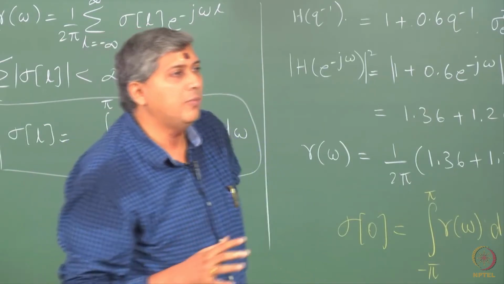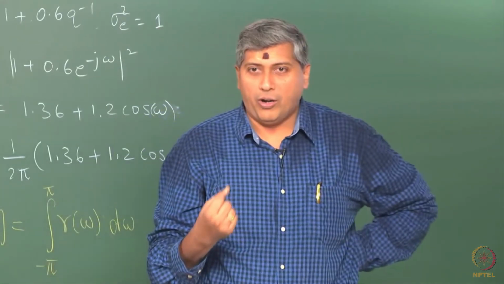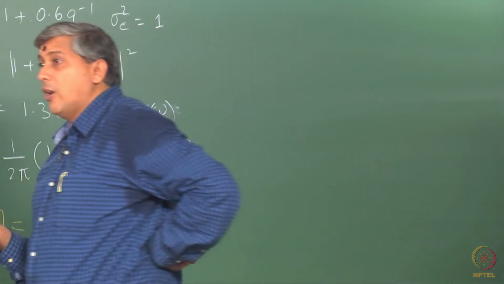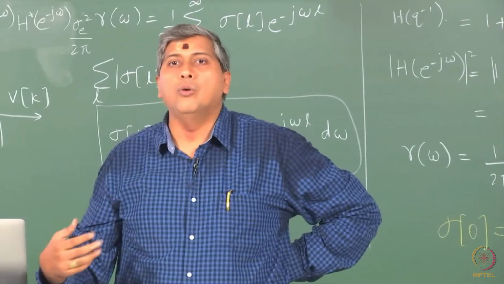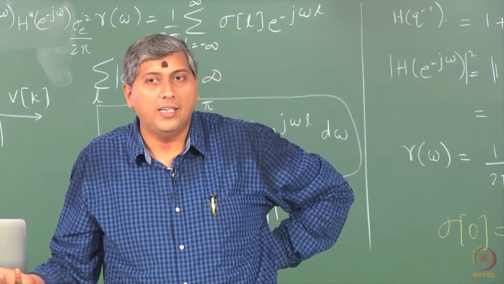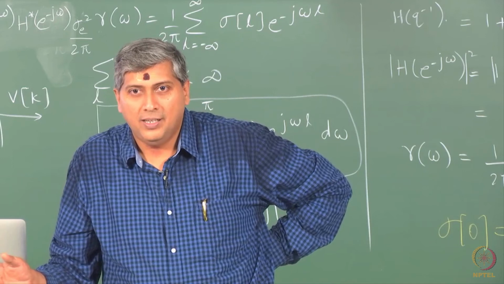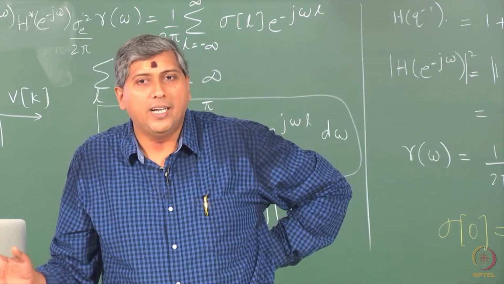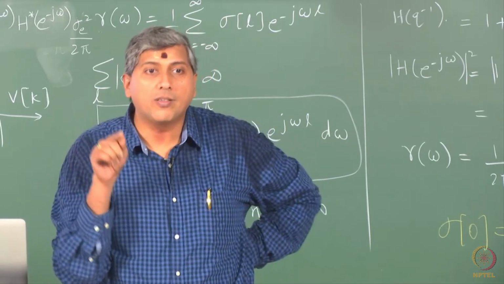And there is a theorem that says if you choose an autoregressive model or a time series model of sufficiently high order, then you can actually approximate the spectral density to an arbitrary degree of accuracy.